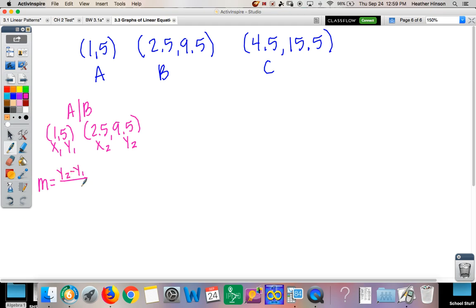Y2 minus Y1 over X2 minus X1. Y2 is 9.5 minus Y1 is 5 over X2 is 2.5 minus X1 is 1. And we just plug it in.